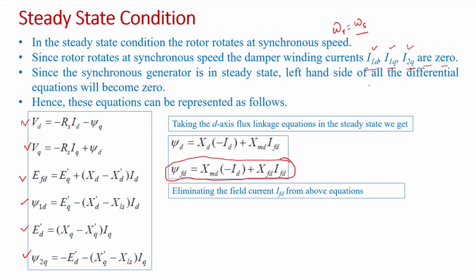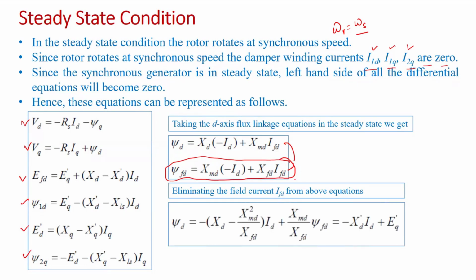Now from these two equations, if we eliminate IFD, then we get psi D in terms of ID and psi FD, and this we know is equal to XD dash. So it will be minus XD dash ID, and this whole term we know is equal to EQ dash.